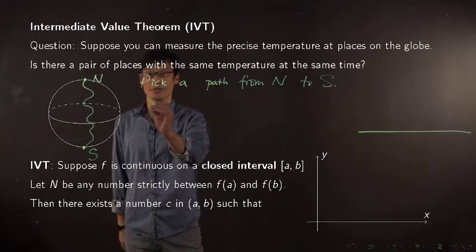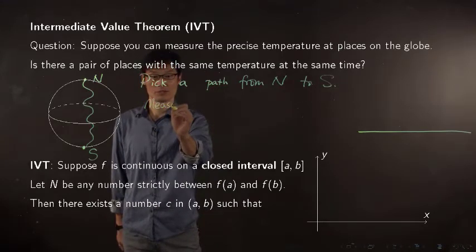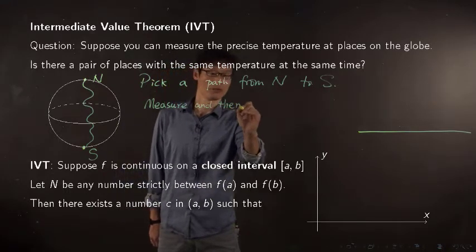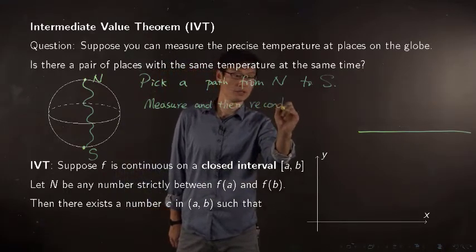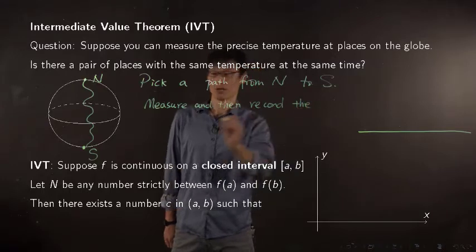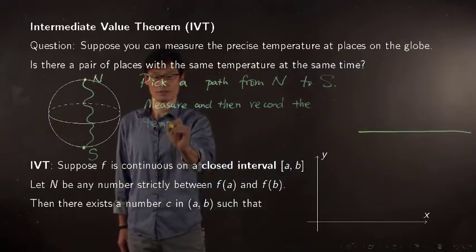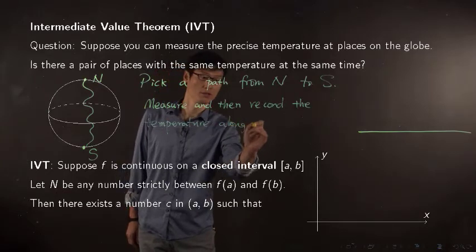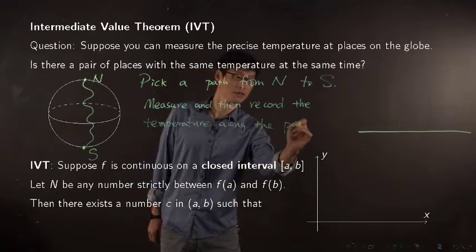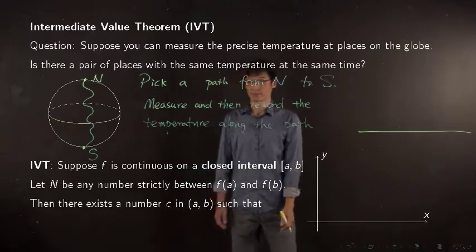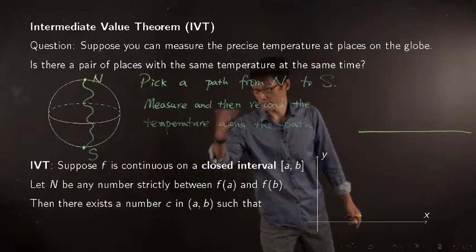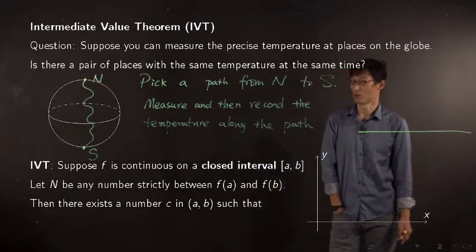So measure and then record the temperature along the path. Then you can draw the graph of the behavior of temperature along the path.